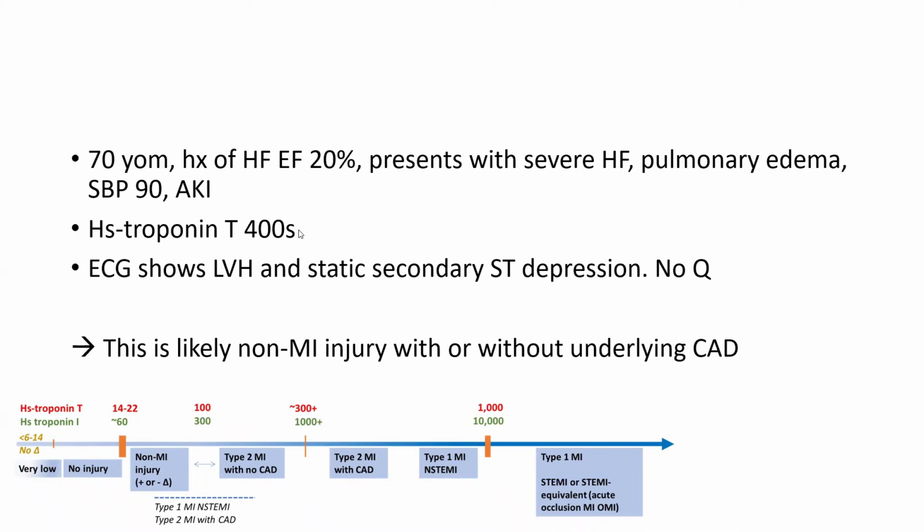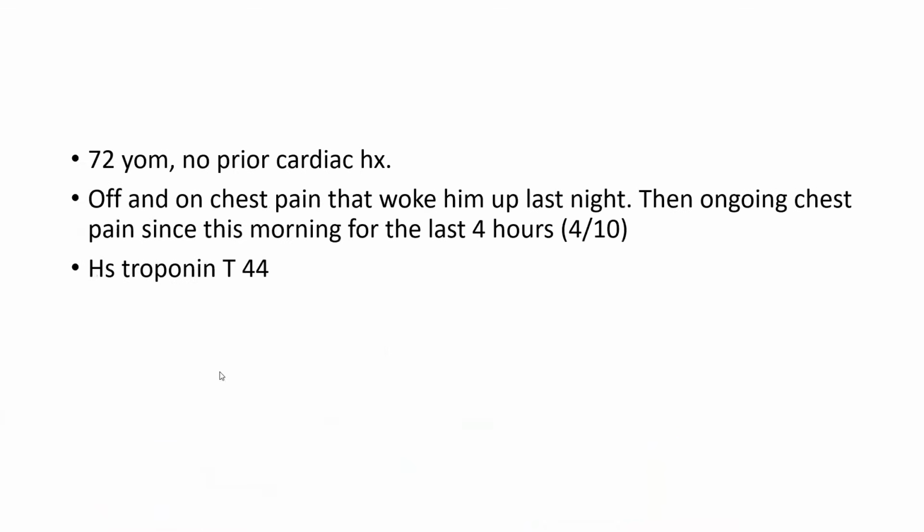I don't believe he has type 1 MI looking at the context. And there is a good chance that even though the troponin is in the 400s, he probably doesn't have underlying CAD because he has no Q waves. Lack of Q in severe cardiomyopathy suggests non-ischemic, although some proportion, up to 30%, could be ischemic. But anyway, this is not type 1 MI looking at the presentation.